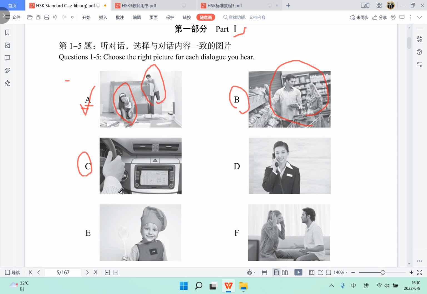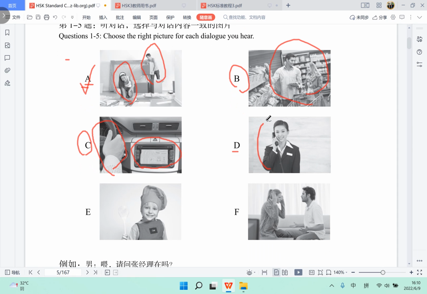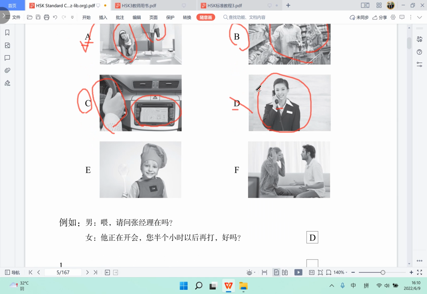Picture C, 开车, driving, and here 地图, map. 地图 is also a new word we learn in this lesson. And picture D, 这个女人她是服务员, a waitress, and she's making a phone call, so 打电话. This is the example, so we can ignore it.